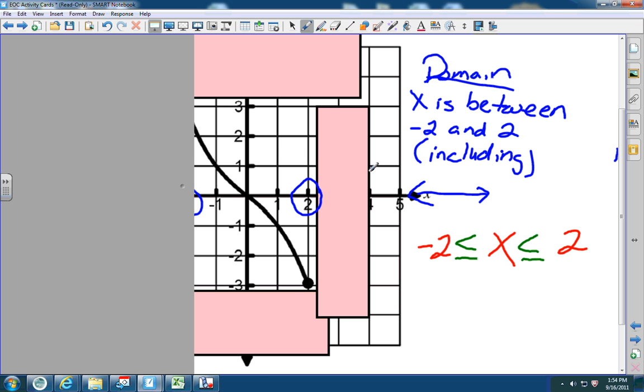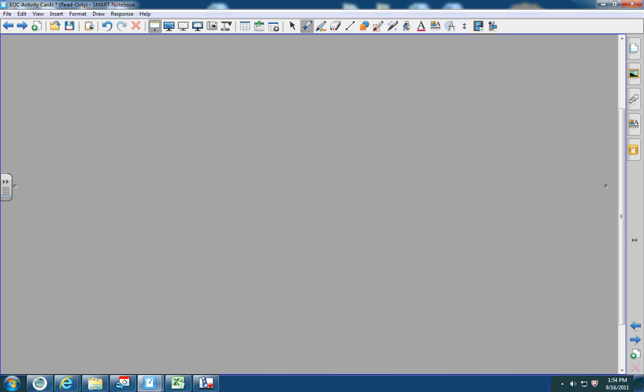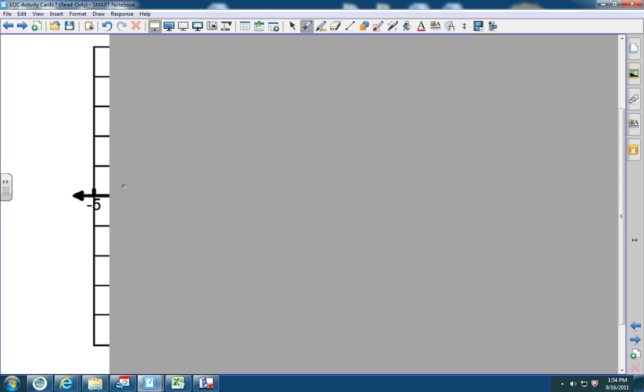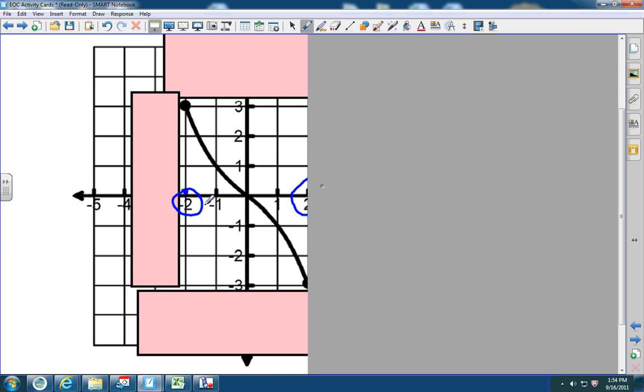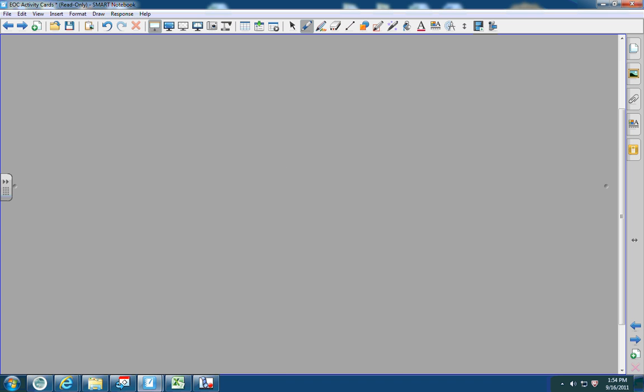Well, yeah, all these x numbers are less than 2. If you flip this around, it says x is greater than or equal to -2. Well, if you look at this, all of these x numbers are greater than -2. We're really not going to worry about that as much.